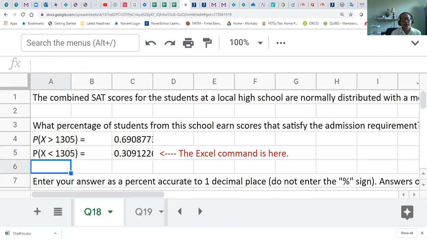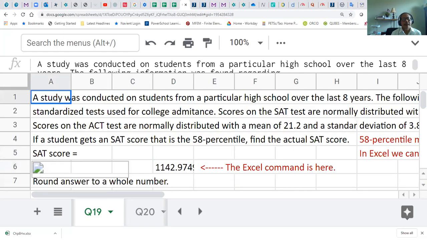Okay, so now you need to move to the next one. The next one will be number 19, right? Let's see number 19 here.